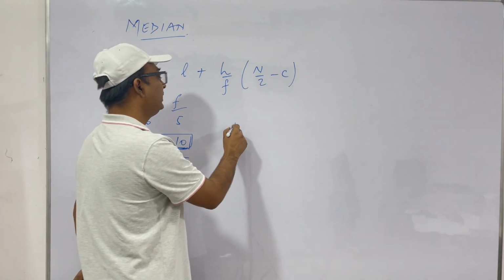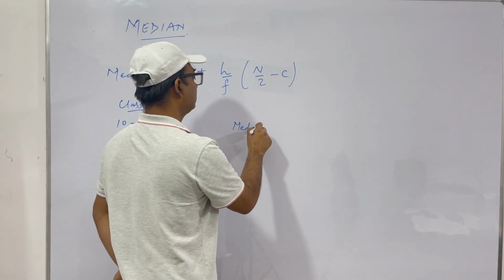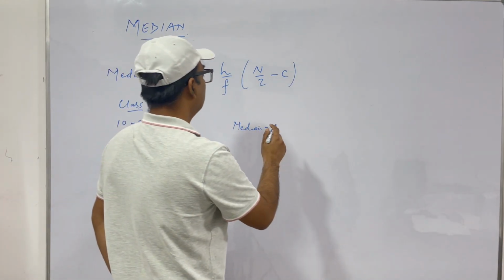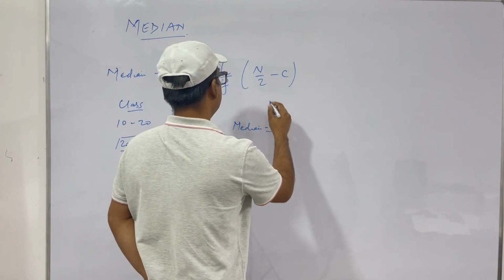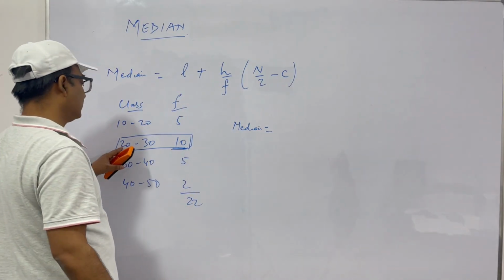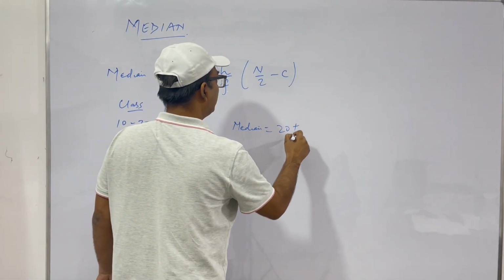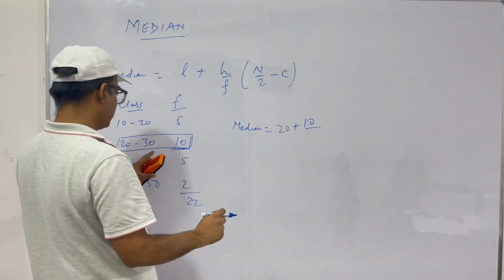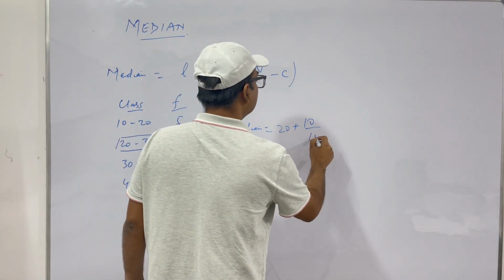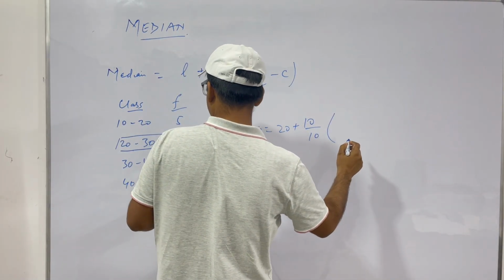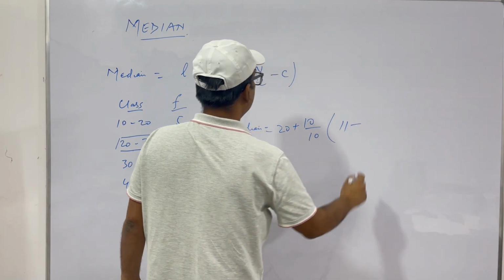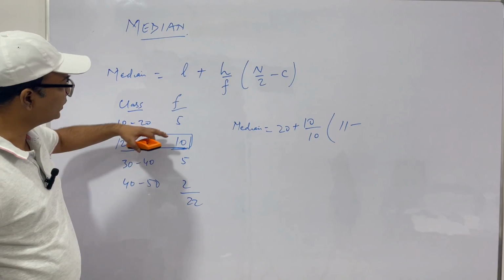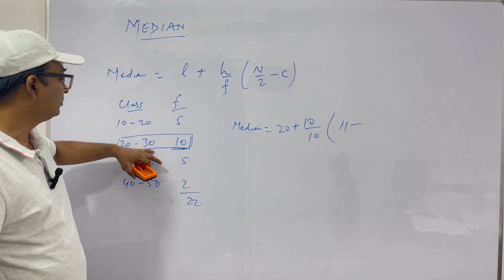Then how to find the median? What is N? 5 plus 10 plus 5 plus 2, this is 22. So what do we do? L, the lower limit of the median class, that is 20, plus H, H is 10, by F, the frequency of the median class, this is 10, times N by 2, N is 22, so this is 11, minus C, the frequency just below, preceding this median class.